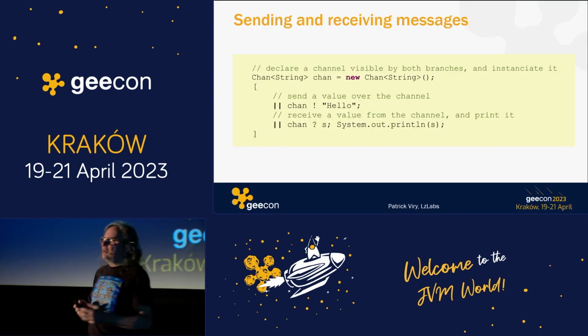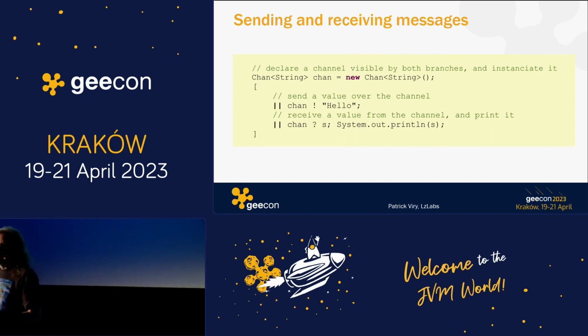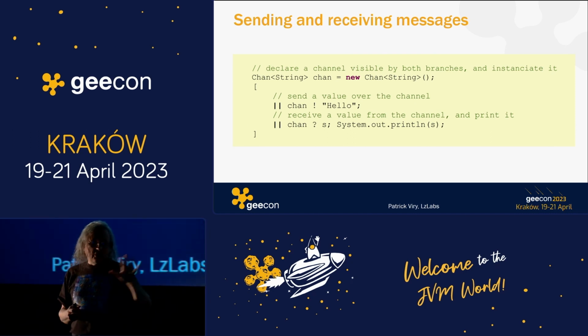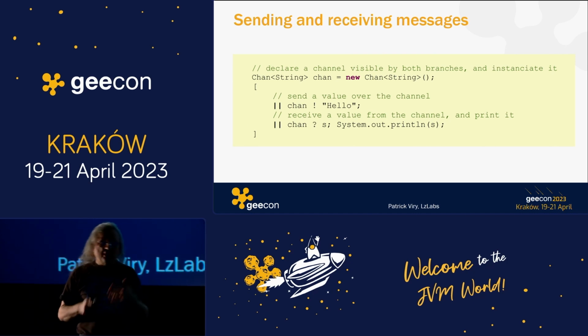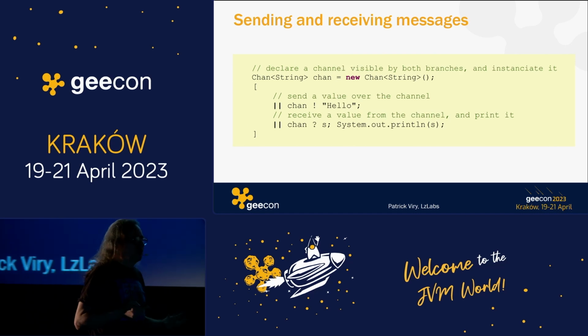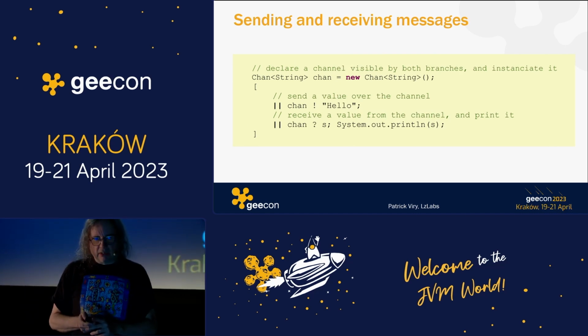So another aspect of parallel programming is distribution. When you have one program here, another program there, and they must communicate. So there must be some notion of message passing. Here we have a channel declared.